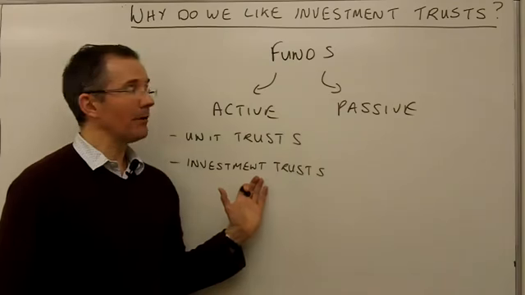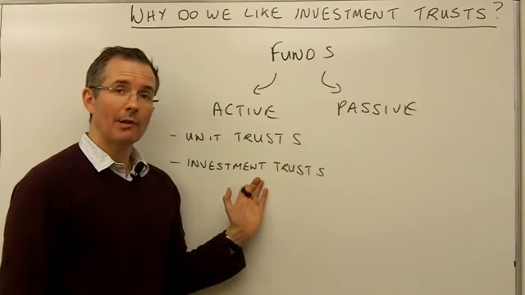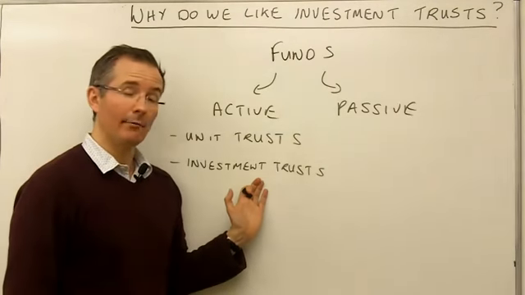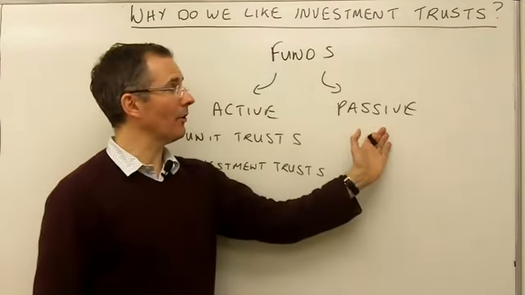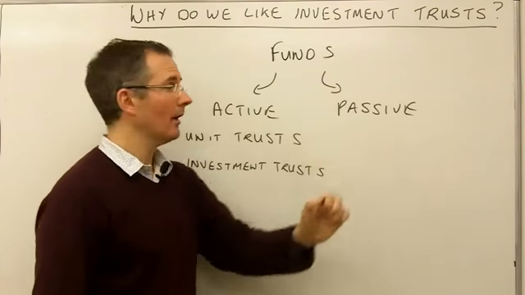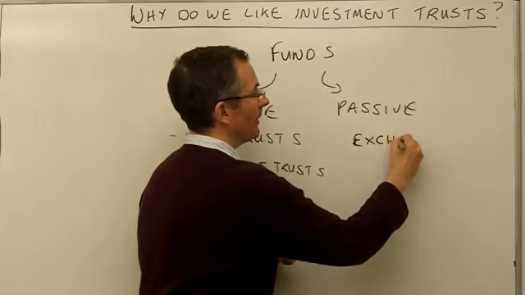Now, active management does what it says on the tin. This suggests that I'm paying a fund manager or director to actually make investment decisions on my behalf, and I'll pay them for it. A passively managed fund, on the other hand, simply tracks an index or sector, let's say, and there are quite a few exchange-traded funds, or ETFs, that do exactly that.